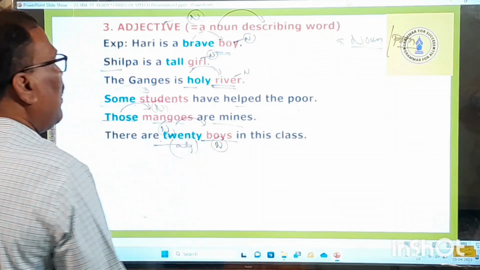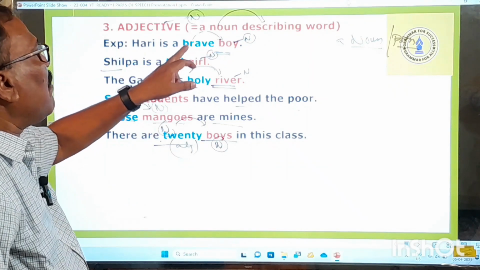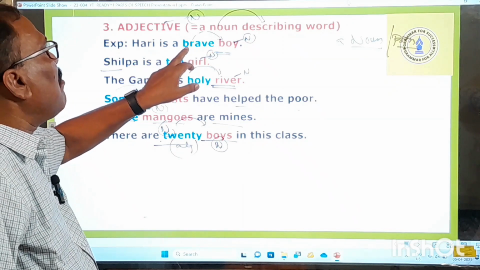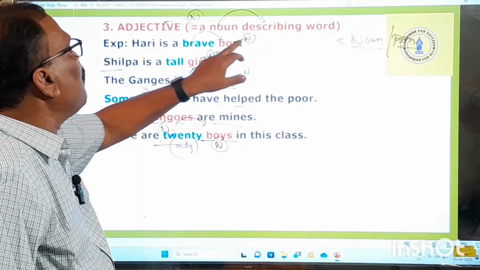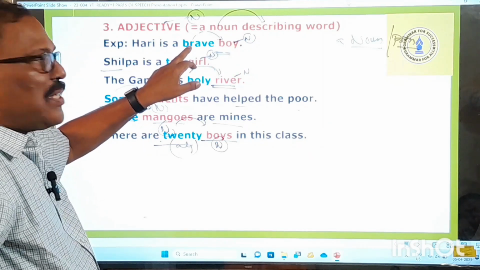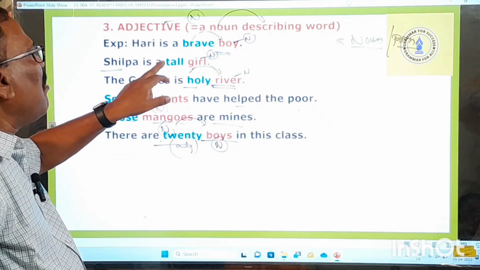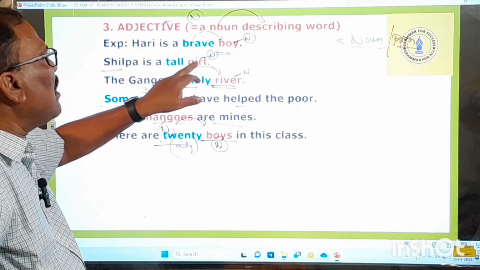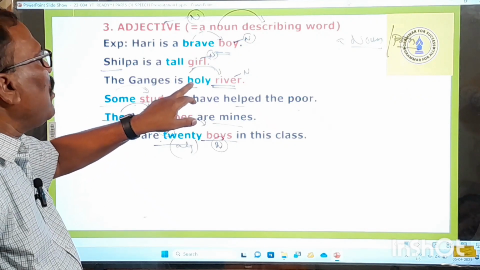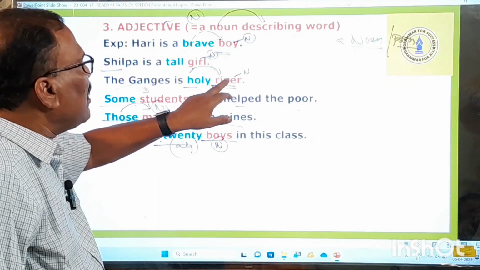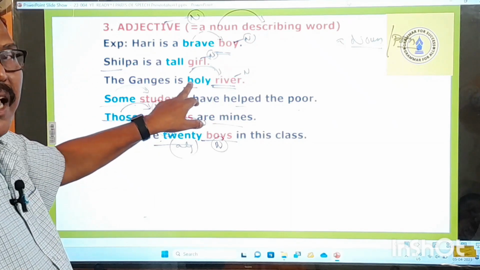So in this way, in the first example, this brave is describing this boy, that is a noun. Therefore, it is an adjective. In the second example, the word tall is describing this girl, that's a noun, therefore it's an adjective. In the third example, the word holy is describing this river, that is a noun, therefore it is an adjective.